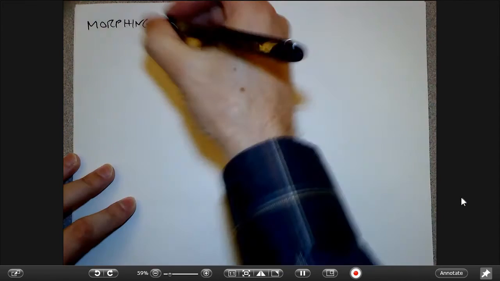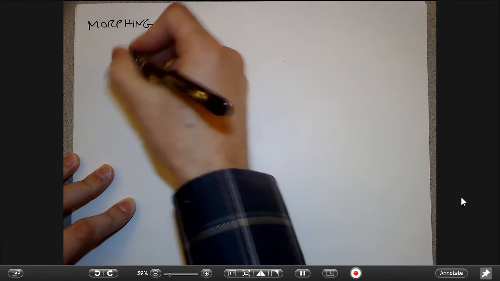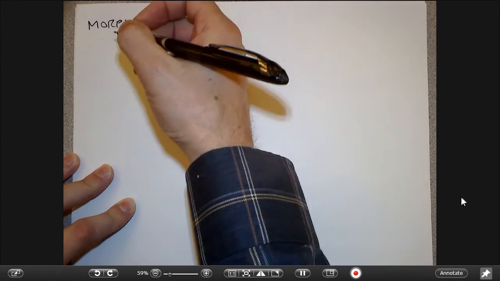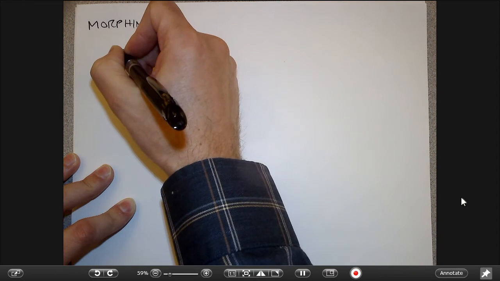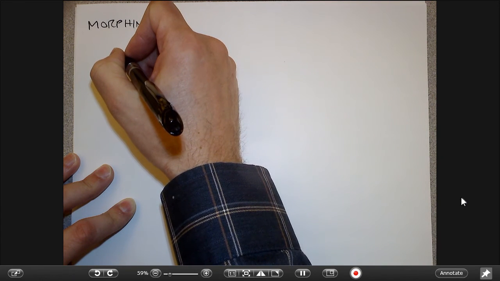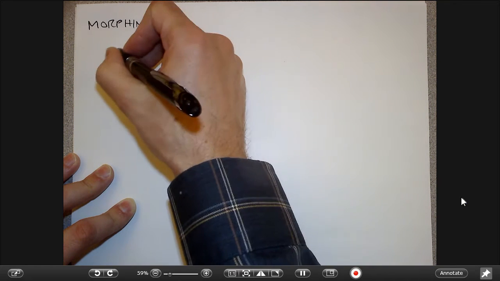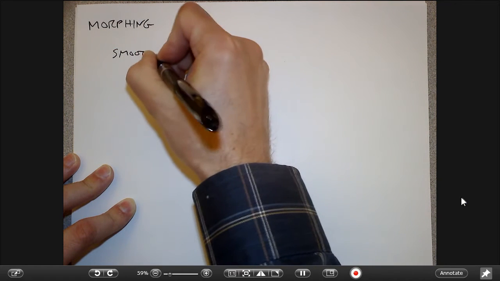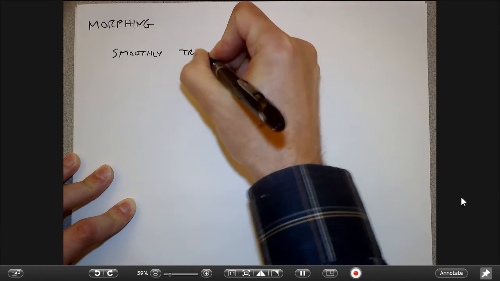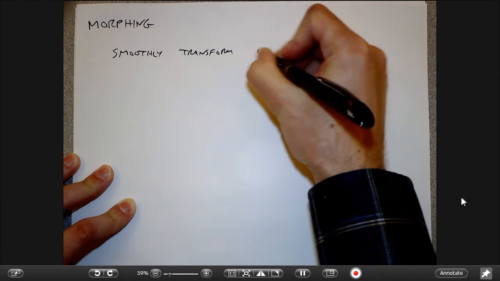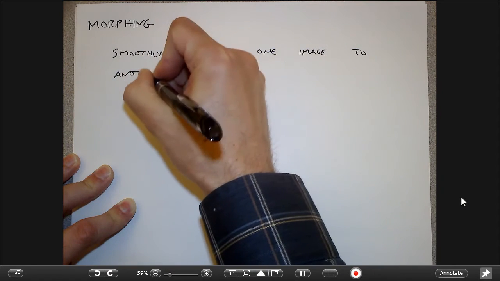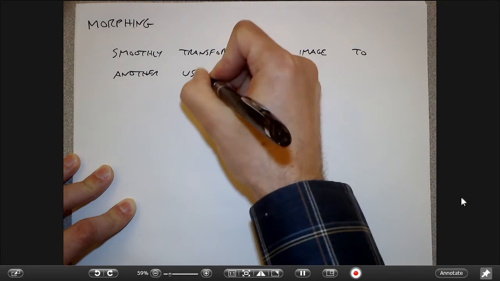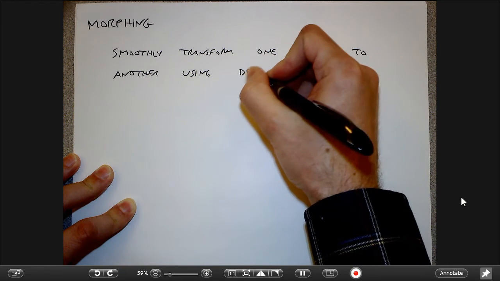So the idea is that I want to smoothly transform one image to another using a dense correspondence.